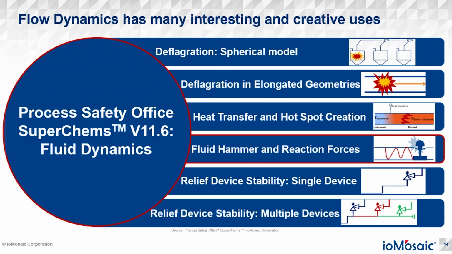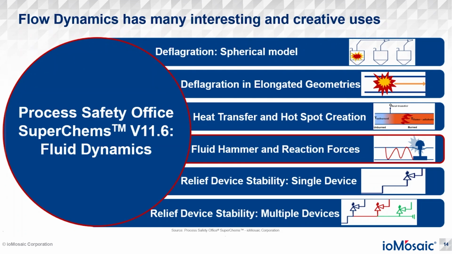If we go back to our examples, as Charlie said, we've got 6 really interesting examples for you all. Charlie went over the first 3, more of the deflagration and hotspot creation side of things. As I said at the beginning of the presentation, I wanted to focus a lot more on the fluid mechanical side of things. So the first interesting example I want to cover is when we have 1D dynamics.